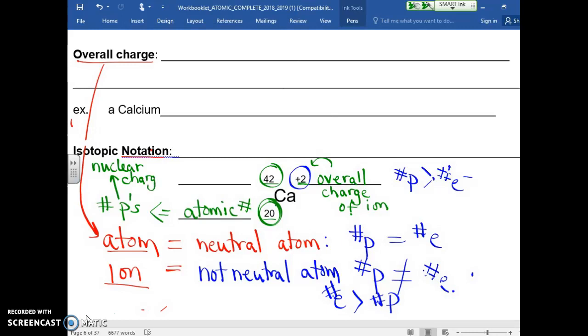Again, if you have 20 protons, you have a nuclear charge of positive 20. Again, in contradistinction to the positive 2 overall charge on the entire ion. And as I said, I place the mass number always in the upper left-hand corner. So it's just a very efficient way of showing these atomic quantities.